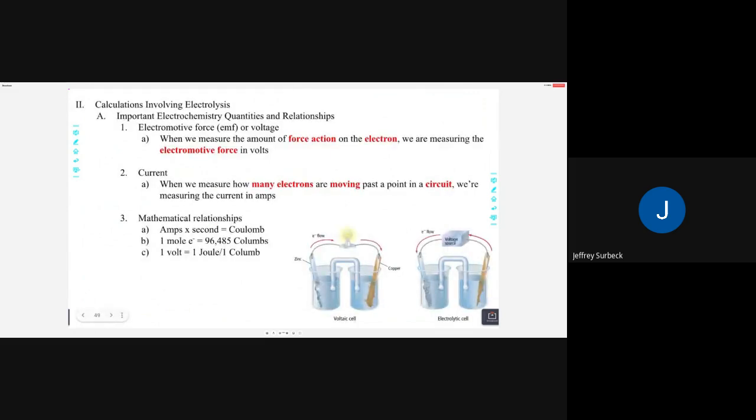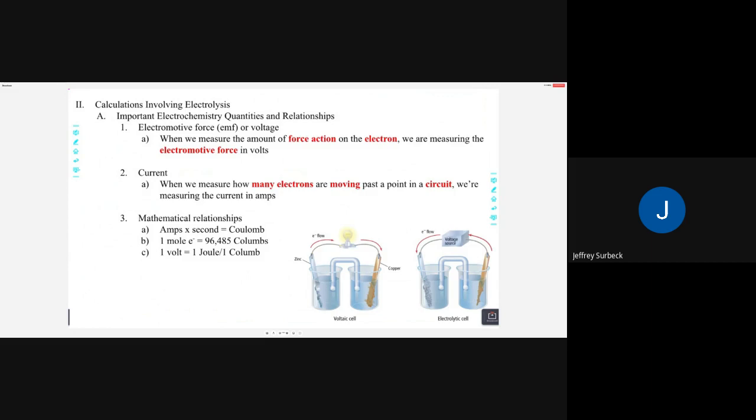Now, here's our math part of everything that we've talked about so far, or everything we will talk about. One, we use stoichiometry, which we have used the whole year. We haven't used it in a little bit, so we'll remind you of what needs to get done here. But then, if you take a look where it says mathematical equation, we introduced this new item, Coulomb. It's really just a measure of electric force. I don't really want to get into that. It's more of a physics thing, but we need to know amps times seconds.